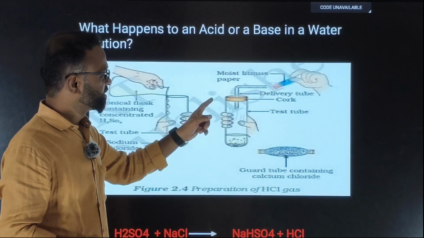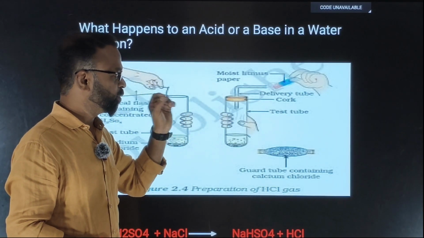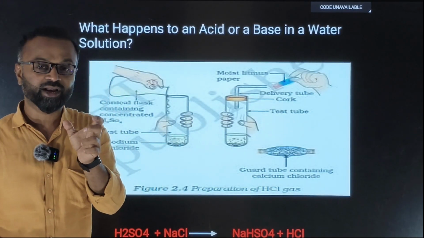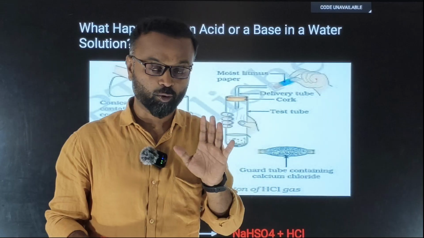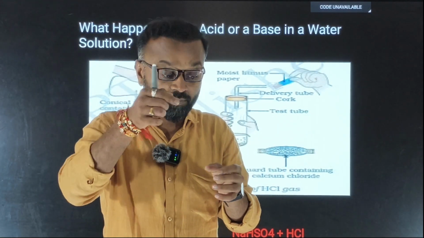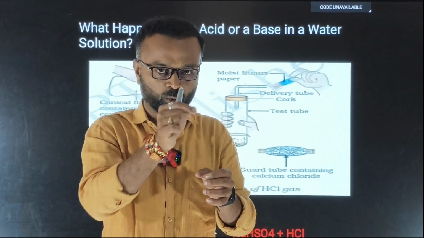Now what they have done is hold blue litmus paper near the HCl gas. We all know that HCl gas is an acid, hydrochloric acid. So as per our knowledge, when we dip blue litmus paper, the color should change from blue to red.